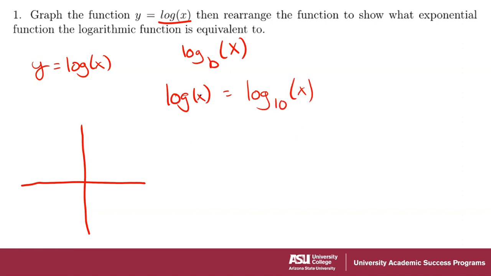And if we were to look at the equation of this, if we try to plug in log of 0, we're going to find that we don't get anything back.